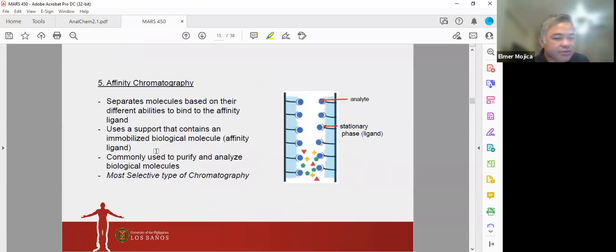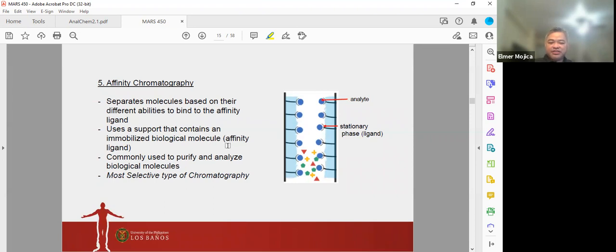Now, the last one that we have here is affinity chromatography. So here you separate molecules based on their different abilities to bind to the affinity ligand. So you use a support that contains an immobilized biological molecule.